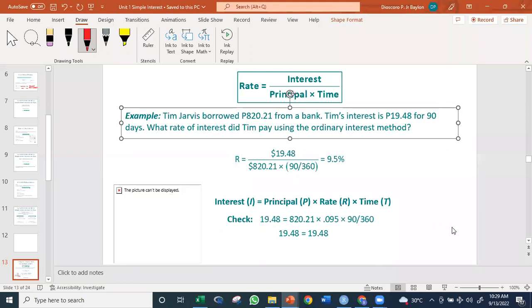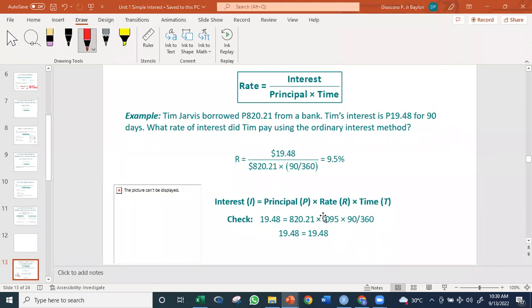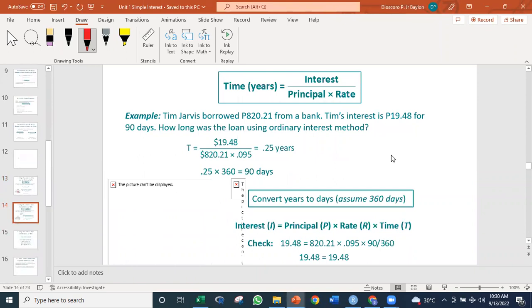That's 19.48. The last question here will be finding the time. Okay, so same thing, guys, time will be equal to interest divided by principal times rate. Okay, thank you for your feedback.